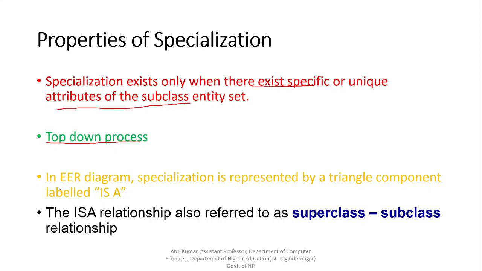So next important property is it follows a top down process. In the enhanced entity relationship diagram, specialization is represented by a triangular component labeled "is a", as shown in the diagram before. The "is a" relationship is also known as superclass subclass relationship.